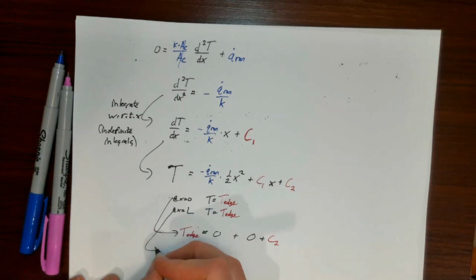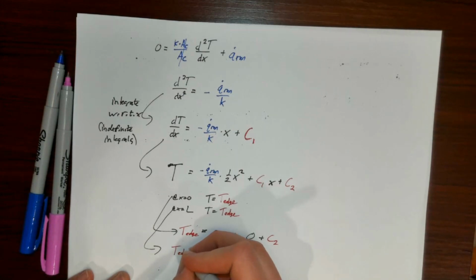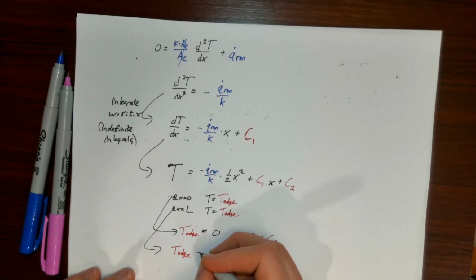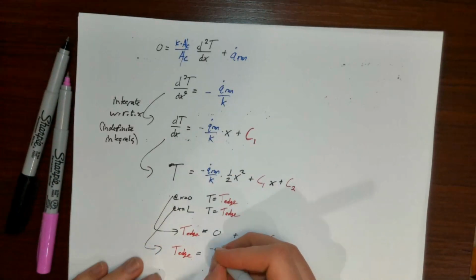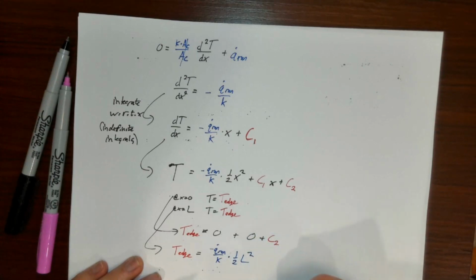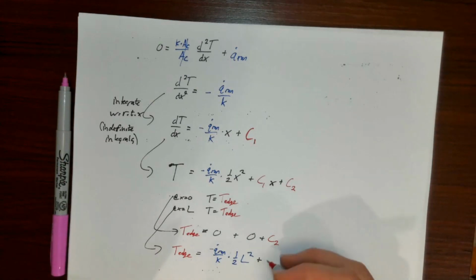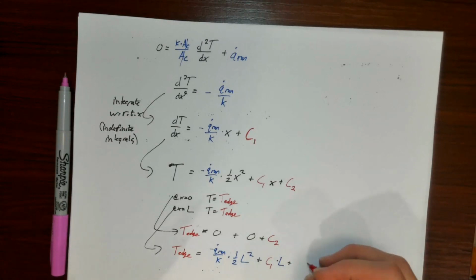I can now take my second boundary condition, and I can say T edge is going to be equal to minus q dot reaction over k times 1/2 L squared plus my as of yet unknown C1 times L plus T edge.